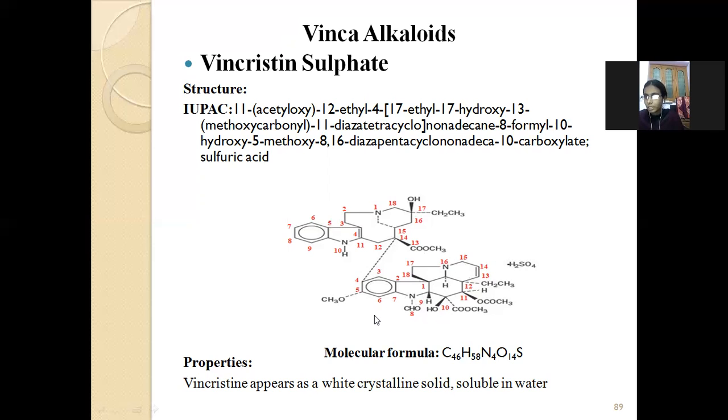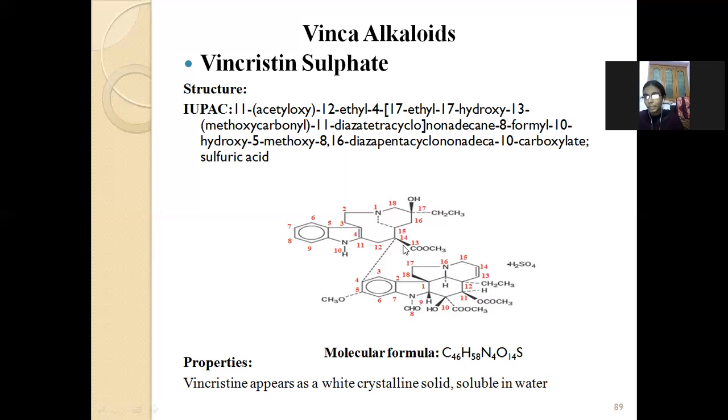Tetracyclo means 4 rings, pentacyclo means 5 rings: 1, 2, 3, 4, 5. So pentacyclononadeca, 10 carboxylate, and this is sulfuric acid. I will explain it again.